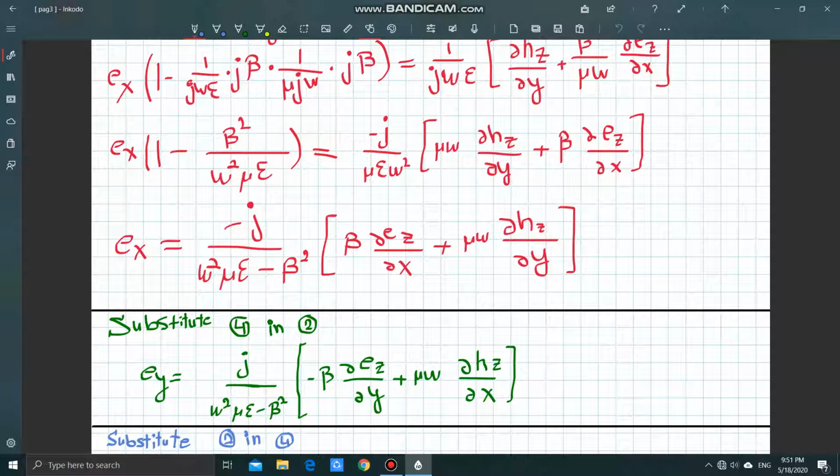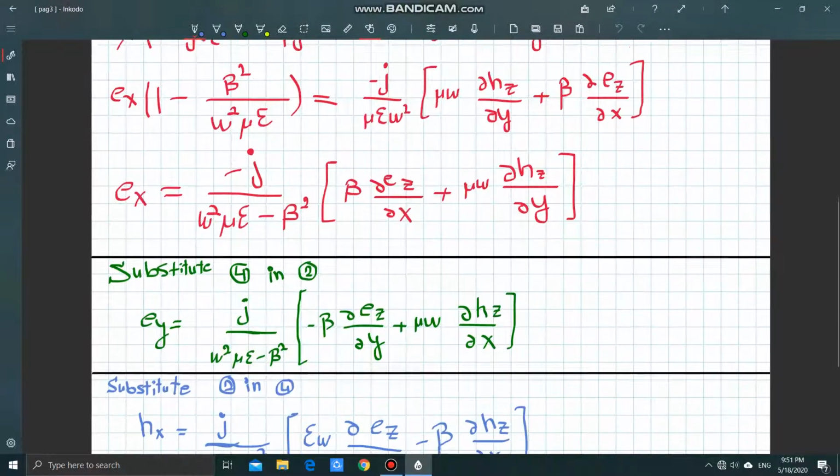Each one is a derivative in a different direction. Ez is differentiated with respect to x. Hz is differentiated with respect to y. Notice the term omega squared mu epsilon minus beta squared. This term is very important and we will refer back to it later.